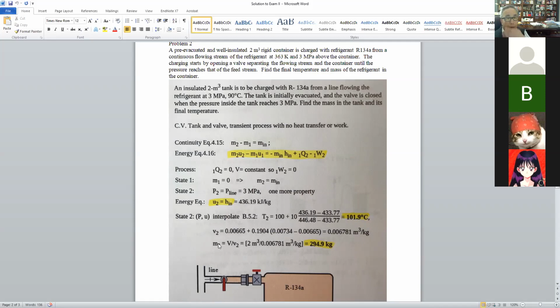Then in order to calculate M, we use the definition of specific volume. Total volume is given. Divide total volume by the specific volume, we get this. Specific volume can be taken from the property table.